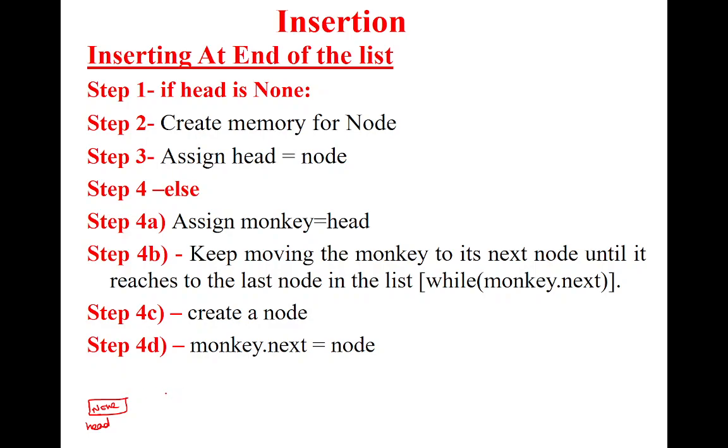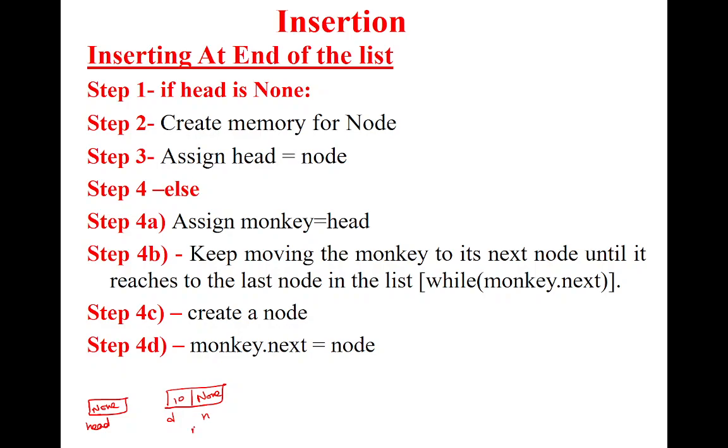Then what we have to do? We have to create the memory for the node. Create a memory for the node means some data will come into the data part. What will be in the next part? The head value. What is the head value? None will become, as in the previous one. Then we have to assign head equal to node.